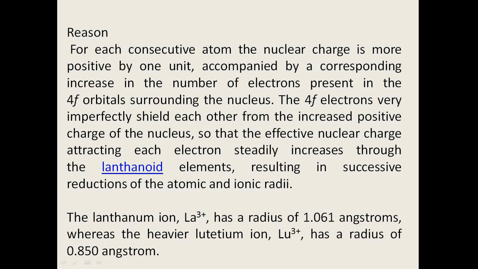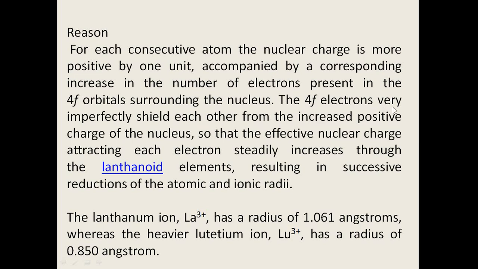Now the question arises why it happens. For each consecutive atom, the nuclear charge is more positive by 1 unit, accompanied by a corresponding increase in the electrons present in the 4f orbitals surrounding the nucleus.